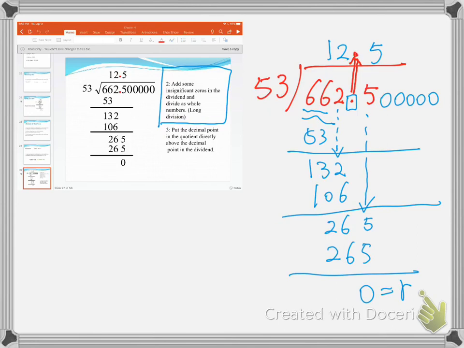So the answer is 12.5. So first step, we get an integer divisor 53, and then second step, we divide without decimal point, and then we put decimal point on top of decimal point. This is the division.